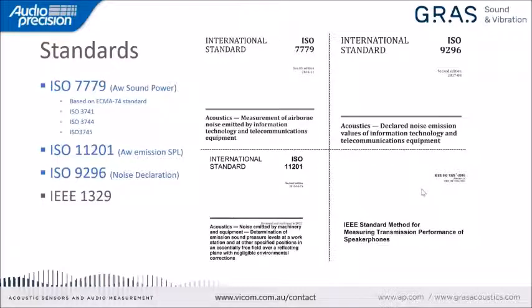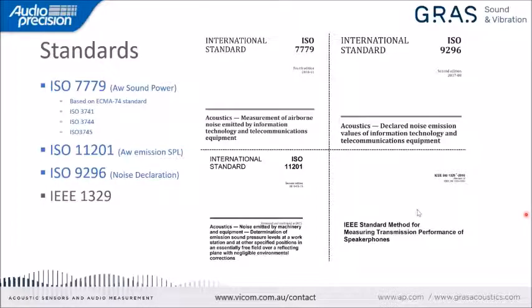The basic emission quantity that this standard is using is the A-weighted sound power level. And this sound power level can be used for comparing equipment of the same type, but from different manufacturers. This A-weighted sound power level from the first standard is supplemented by the A-weighted emission sound pressure level in the ISO 11201 standard.